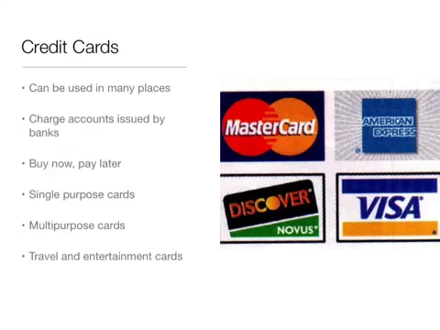Banks issue them, and these cards can be used in many different stores and are paid off like single-purpose cards. That means they're paid after 30 days, and interest is charged on the unpaid balance. And the last is travel and entertainment cards. You must pay the full amount due on the items each month, and they're accepted worldwide for many uses and purposes, and they have an annual fee.